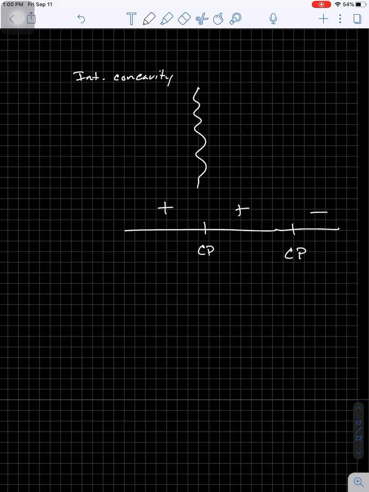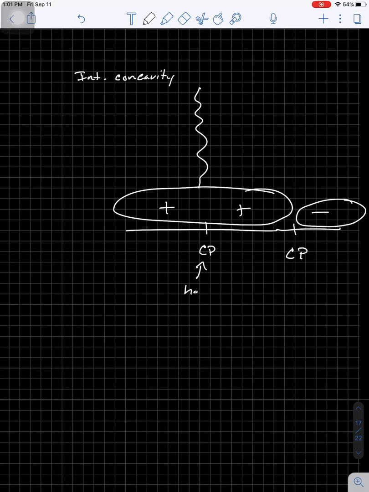What this means is I'm concave up on this interval and I'm concave down on this interval. This is not a point of inflection because the graph did not change on either side of it, but this one is a point of inflection because it did change from positive to negative on either side of it.